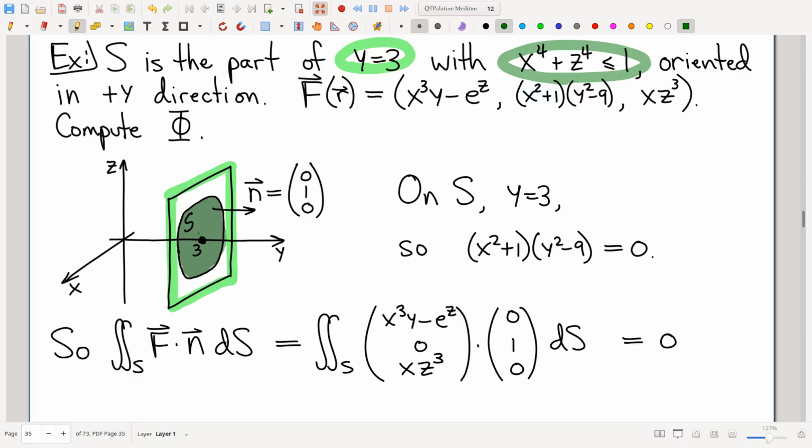Well, there's a couple of nice freebies that we get. For one thing, just because we're looking at the plane y equals 3, I immediately know that's my normal vector. Okay, I do have to worry about orientation. Well, it says in the positive y direction. This is the positive y direction. The alternative would be the negative y direction, so this is positive. Good, right?